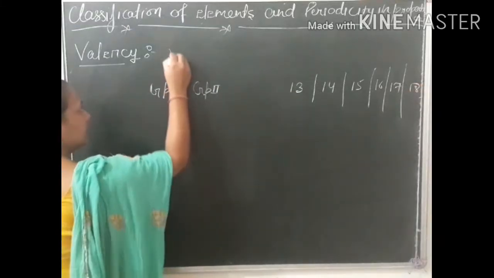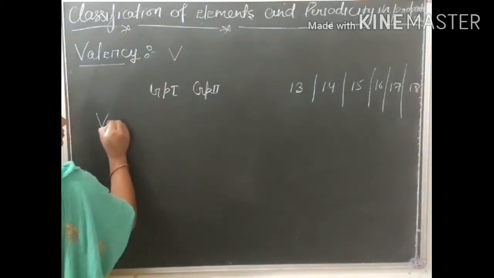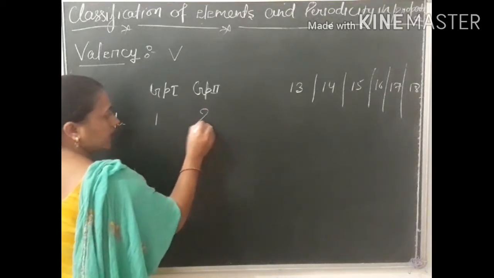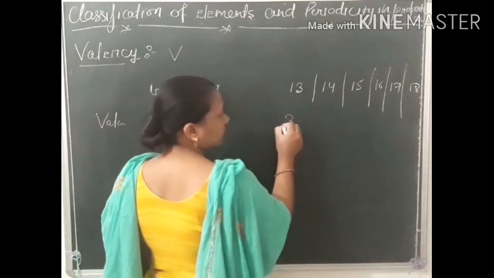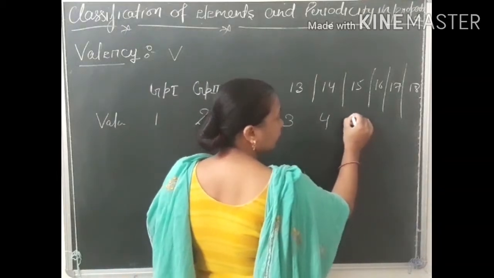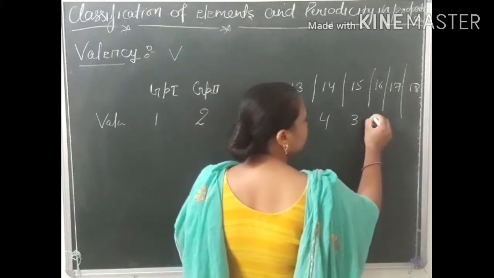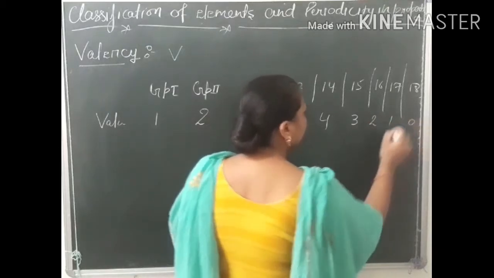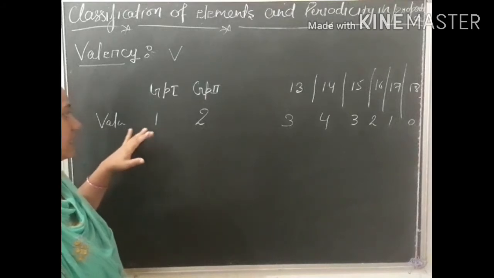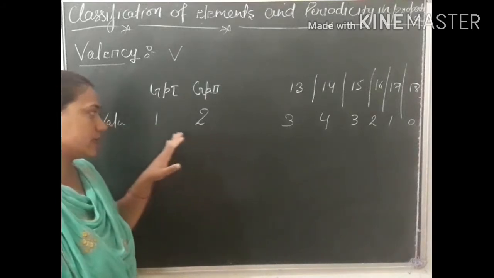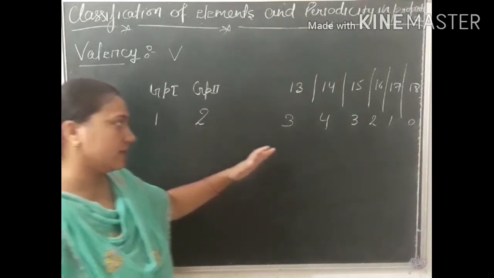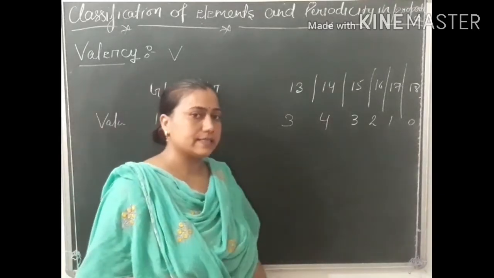Now the valency is: group first 1, group second 2, group 13 3, group 14 4, group 15 3, group 16 2, 1 and 0. Now we can say that valency in the period first increases, 1, 2, 3 and 4, first increases and then decreases.